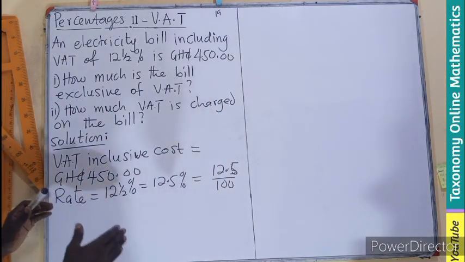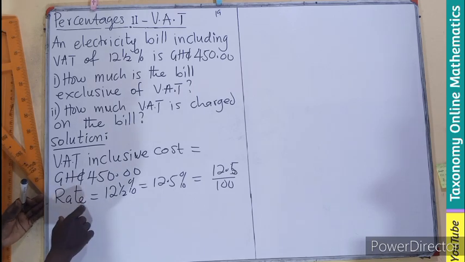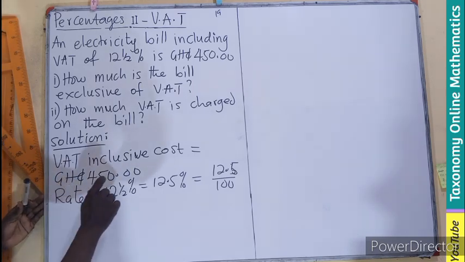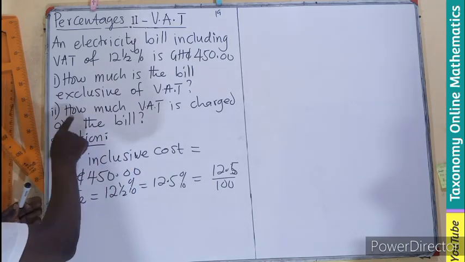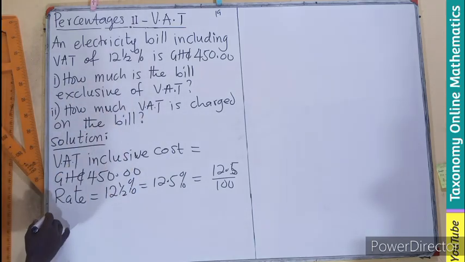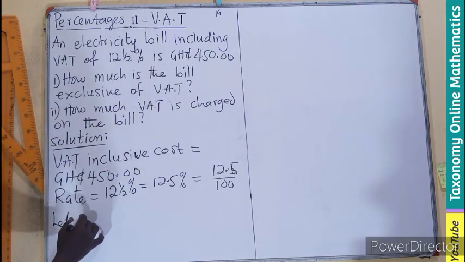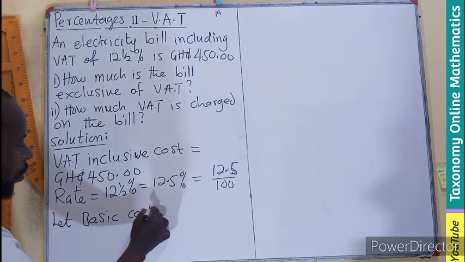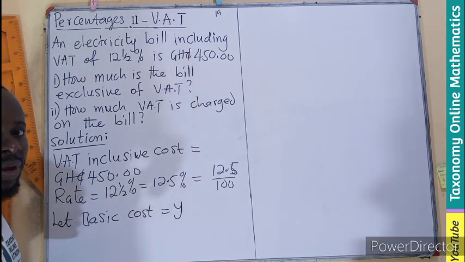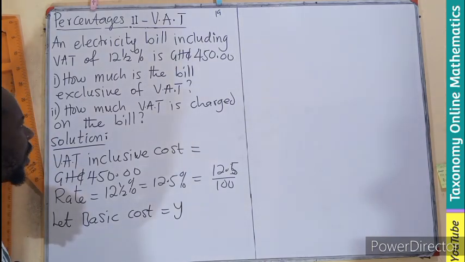So from the previous episode, the calculation of VAT is the rate times that of the basic cost. So we don't know what the basic cost is, which we are asked to find. So let's just say we let the basic cost be equal to a value that we are not aware of. So what is next?